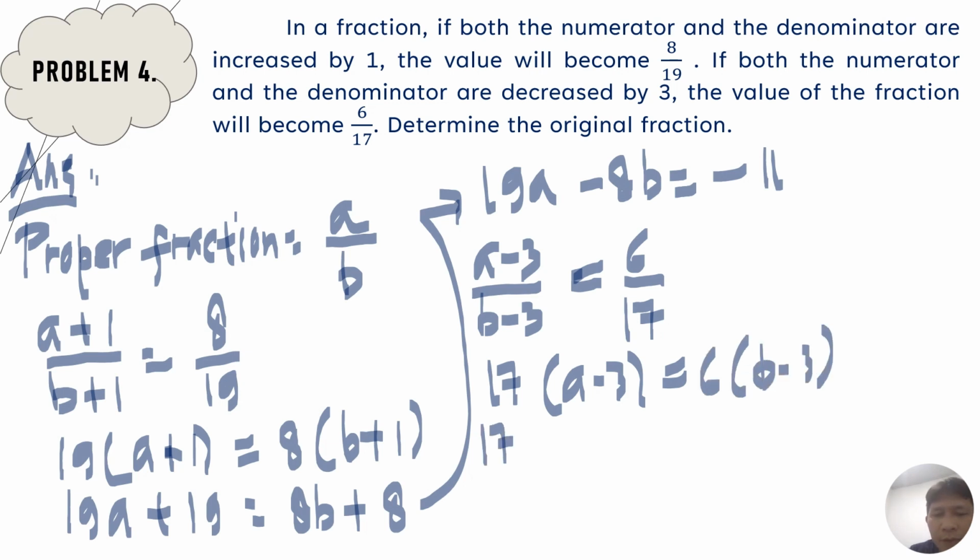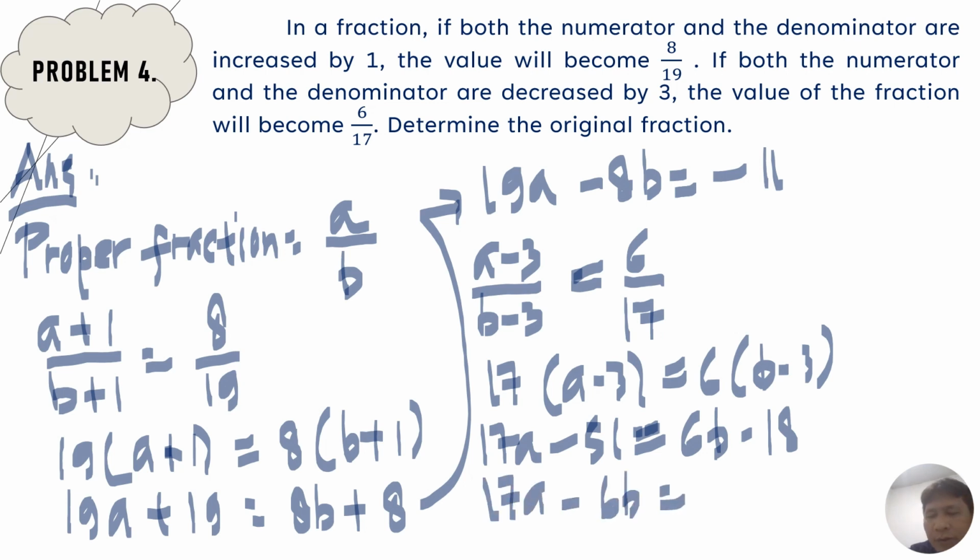So 17A minus 51 equals 6B minus 18. Then 17A minus 6B, moving to the left, equals minus 18 plus 51, so equals 33. And we can continue to the next slide.